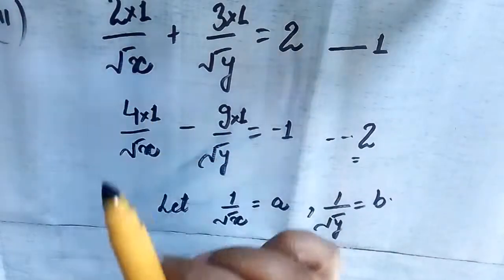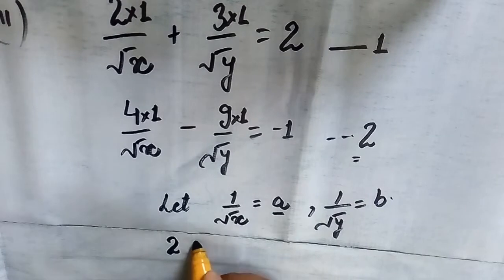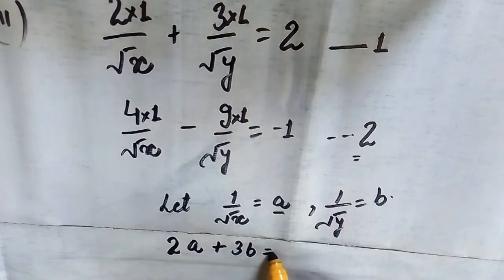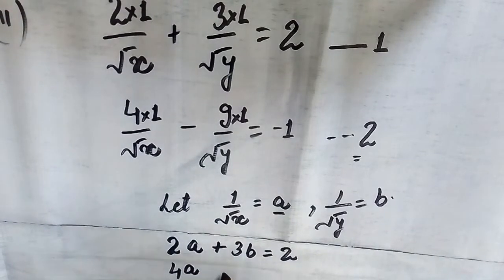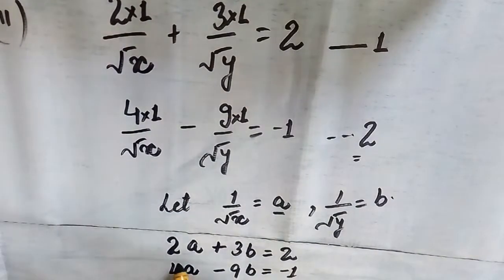So equation 1 will become 2 multiplied by 1 upon square root of x, which is 2a plus 3b equals 2. And the second equation is 4a minus 9b equals minus 1. Here I am using the elimination method to solve these equations.